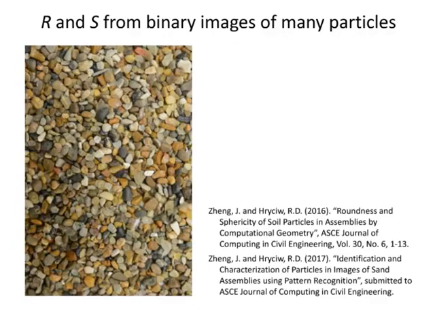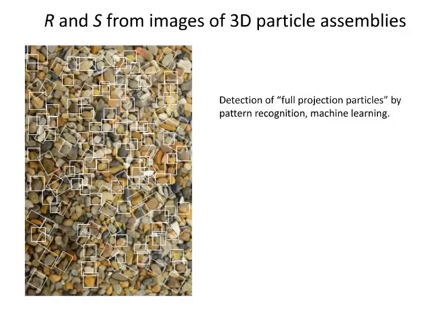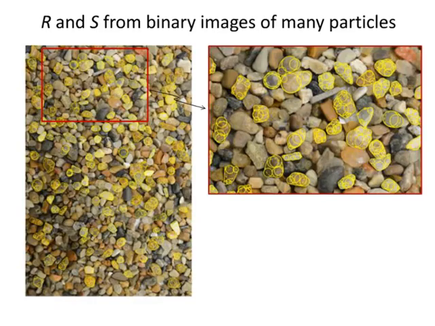At the next level of complexity is when we have particles that are in an assembly. And this is where we need to move to some advanced techniques in pattern recognition. We need to find those particles in an image that have their full projections visible. And again, it requires building a library of particles, and therefore it's a little bit more complicated.